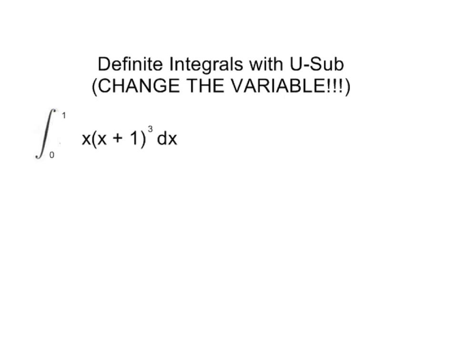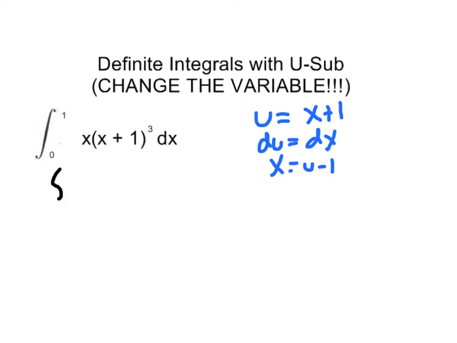All right, we'll go through this one together. So u is equal to x plus 1, so du is just equal to dx. So it's set up well except for that extra x out in front. x is equal to u minus 1. So I can just go straight up and do my substitution. This is now u minus 1 times u cubed du, but I have new limits now.